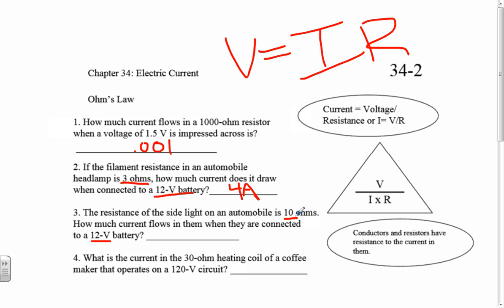So 12 volts divided by 10 ohms, and you're going to have 1.2 amps is your current. All right, what is the current of a 30 ohm heating coil and 120 volts? Again, we have 120 volts divided by 30, just doing Ohm's law, V divided by R, and we get 4 amps going through there.